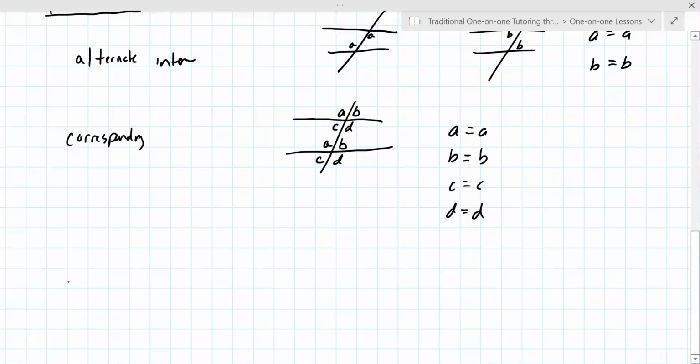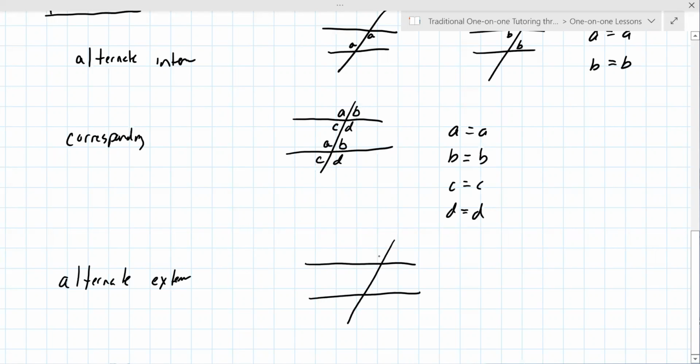And then the last one we covered was alternate exterior angles. This time it was like A equals A, B equals B.